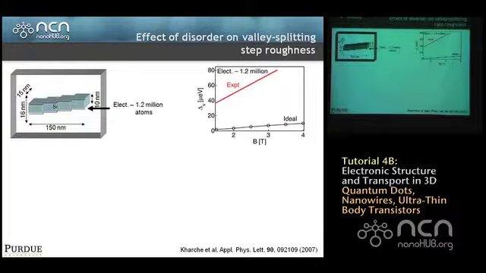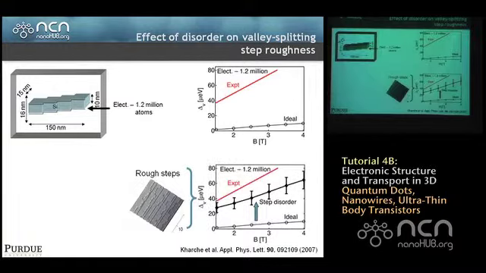Factor of 10 too low. Now if we include rough steps in this kind of thing, so we make the steps actually rough, but still an infinite wall around it. We actually raise the valley splitting up by roughly an order of magnitude, and obviously there's fluctuations, right? Because there's noise on the system, so there's an error margin on our calculation.